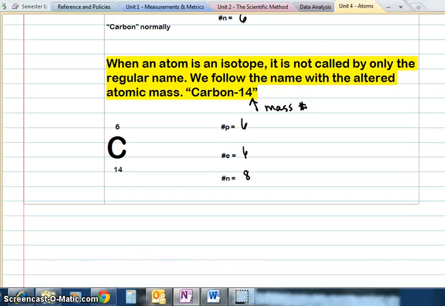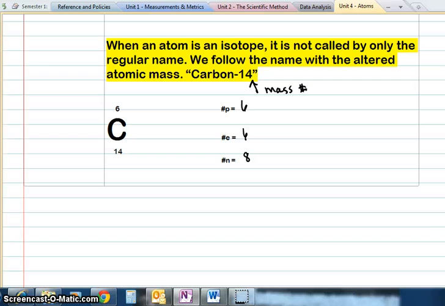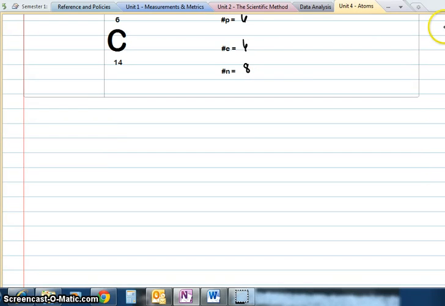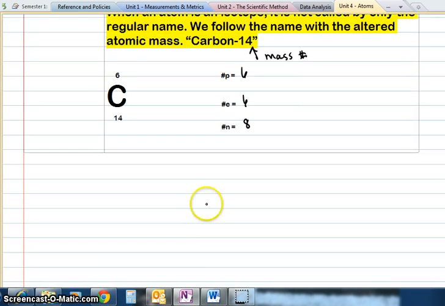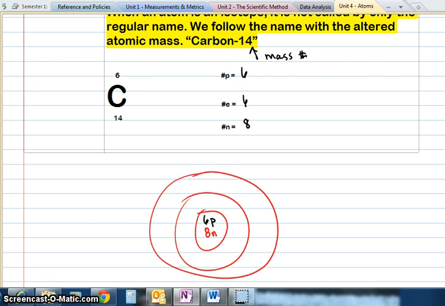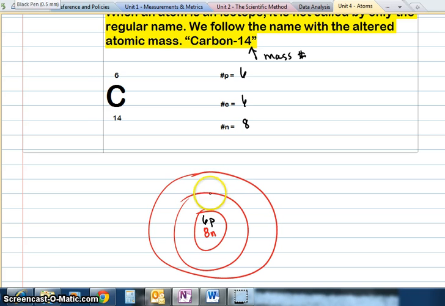Again, if we were going to draw a Bohr model for this, it would look something like this. 6 protons, but now 8 neutrons. It's in the second shell, so it's going to have 2 rings for electrons, and here are the 6 electrons.